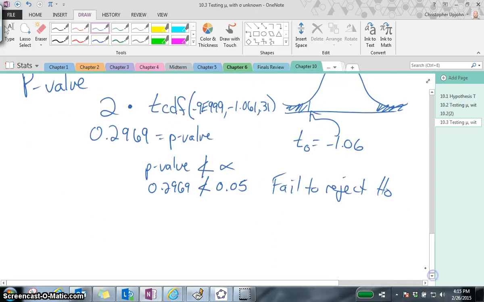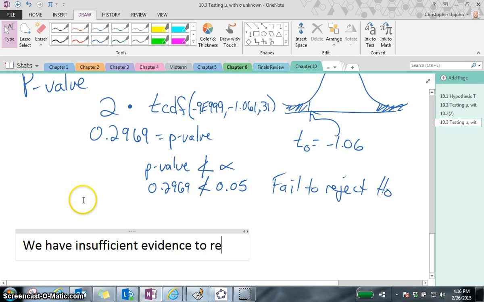So, finally, our conclusion. We have insufficient evidence to reject the null. There we go.